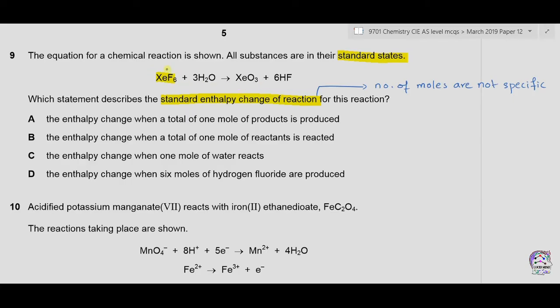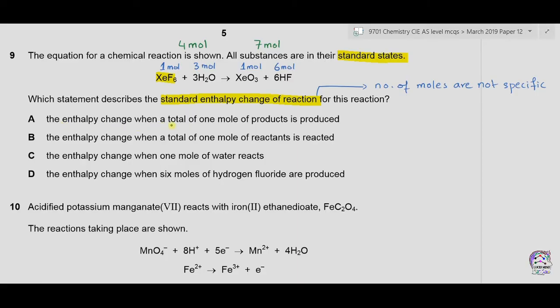So in this equation we can see that we have 1 mole of xenon hexafluoride which reacts with 3 moles of water to form 1 mole of xenon trioxide and 6 moles of HF. So we have 4 moles in total of the reactants and 7 moles of product. Let's move towards the options.